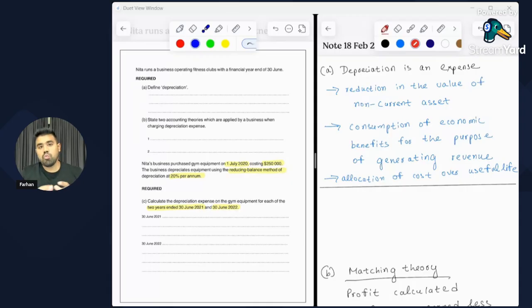cost? You see, when we buy a non-current asset, we have economic benefits that come with the purchase of that non-current asset. For example, you could buy a motor vehicle if you run a delivery business, and the economic benefit that you get to consume from the motor vehicle is the car delivery services that you could do for your customers, right?